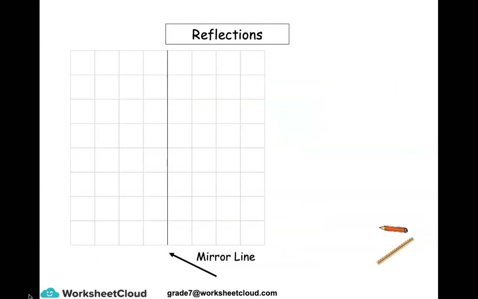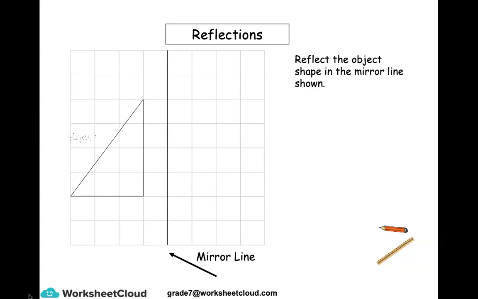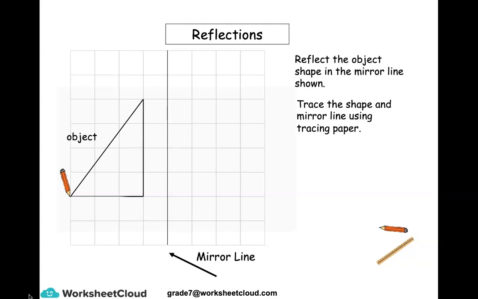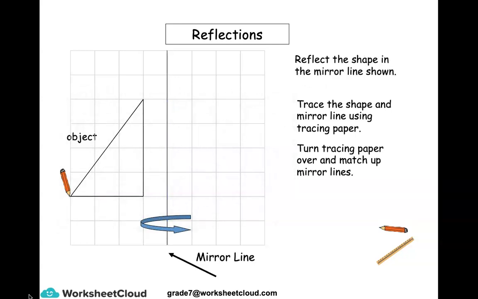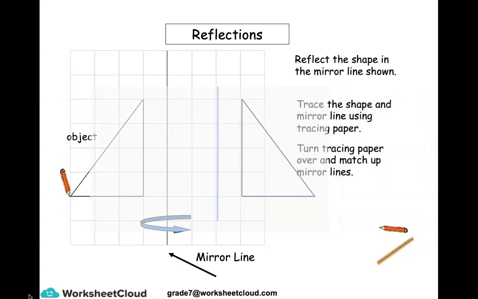Here you have a reflection in some square paper. They've given you the mirror line down the middle, and the object. We take our tracing paper and trace over the object with our pencil. We have the mirror line, we fold the object over the mirror line, and the tracing paper lands on the other half of the page.